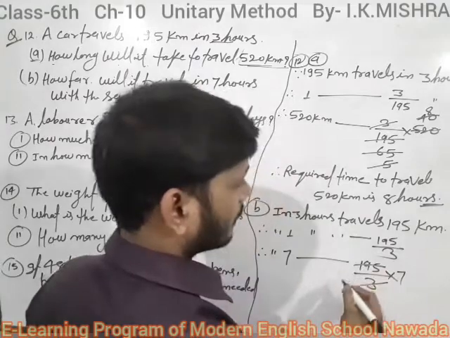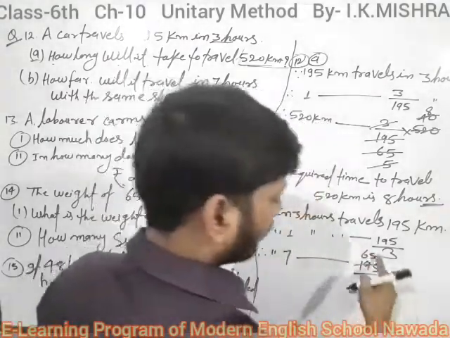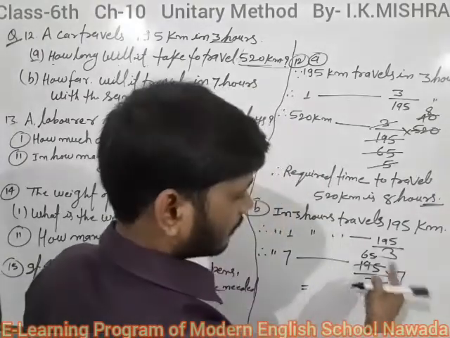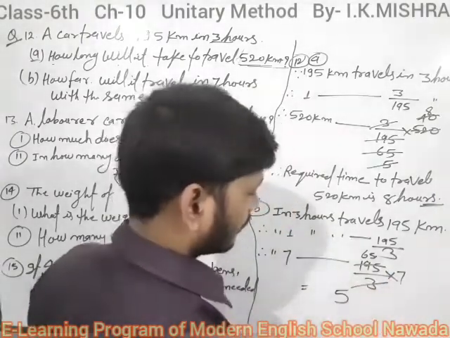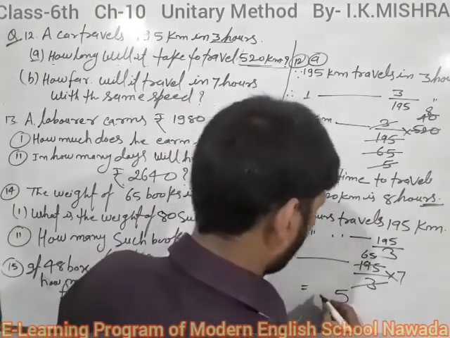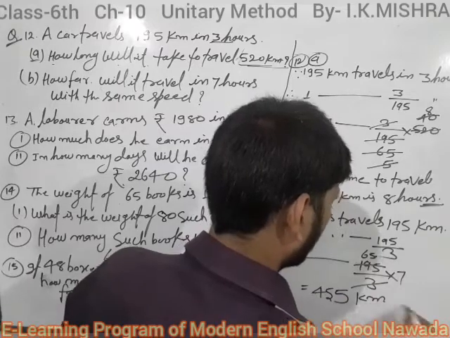When you divide, that means 65 times, and multiply 65 by 7: 7 5s are 35 and 7 6s are 42. So 455 kilometers. Clear students?